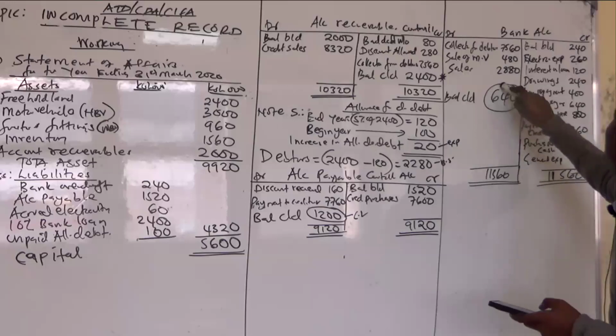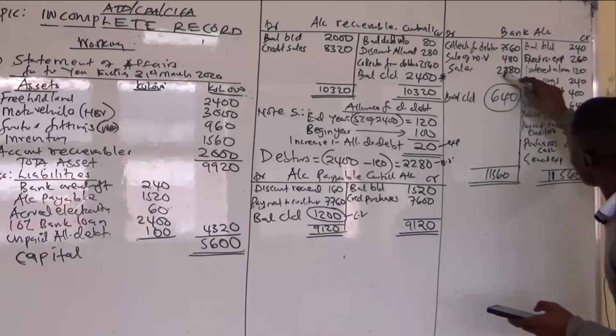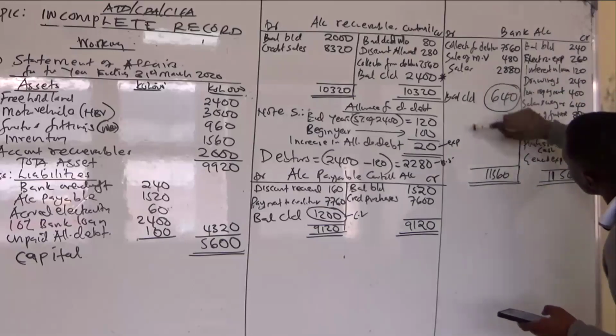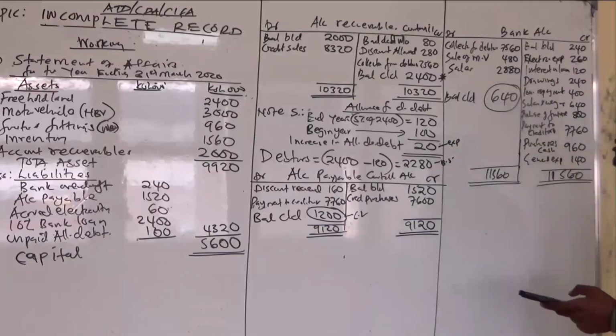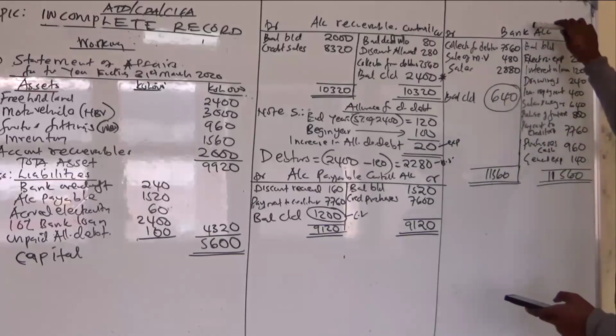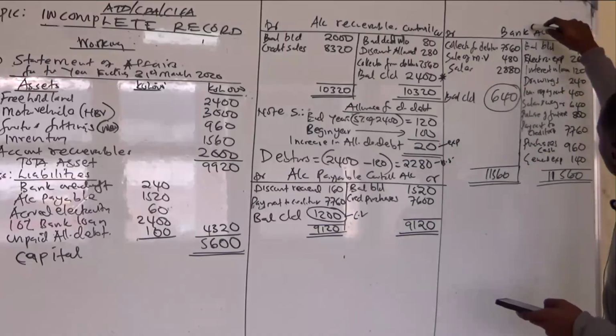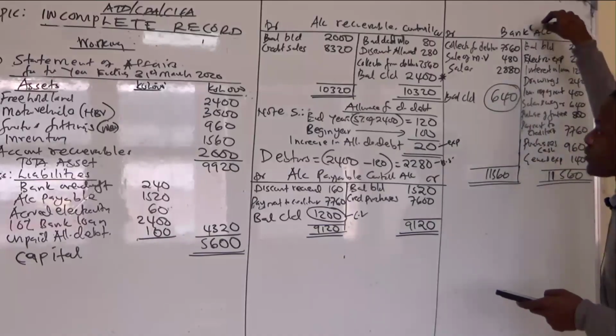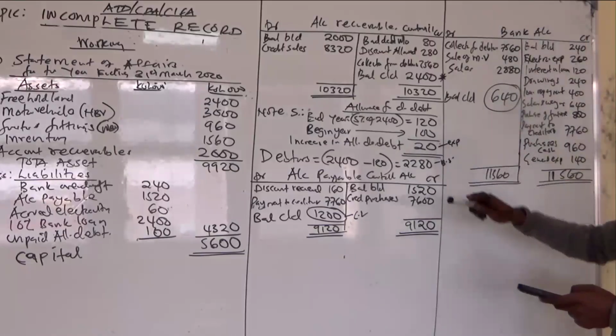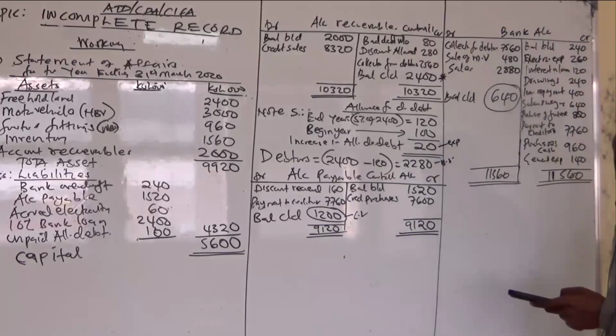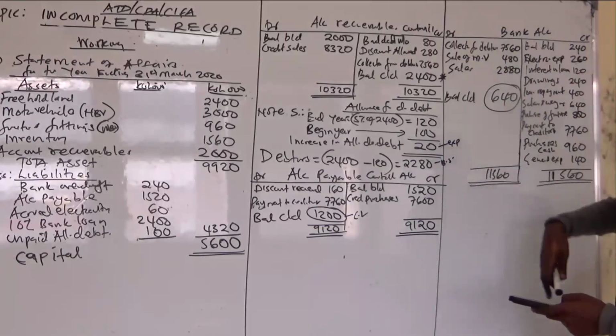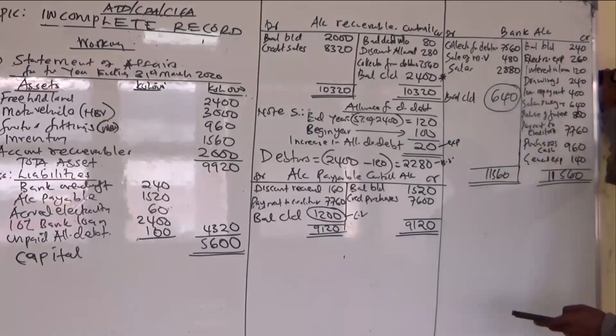Angalia. So, suppose it is on the debit side. In the debit side huku. Si ndio hii tume credit, tume debit bank. Tunaenda ku credit nini? Capital nini? Tunaenda ku credit nini?